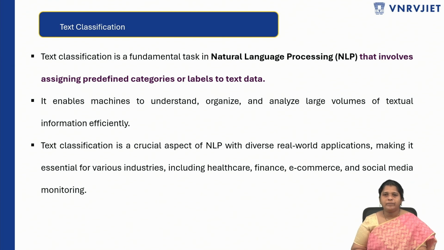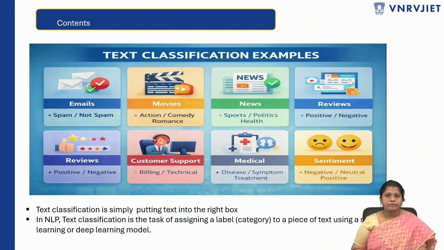In finance, credit, to decide whether a person is eligible for a loan or not, the loan approval process. E-commerce, product reviews, social media, Twitter analysis, product review analysis. For all these, this forms the base for these applications. So today we will see how text classification is addressed in the following way.